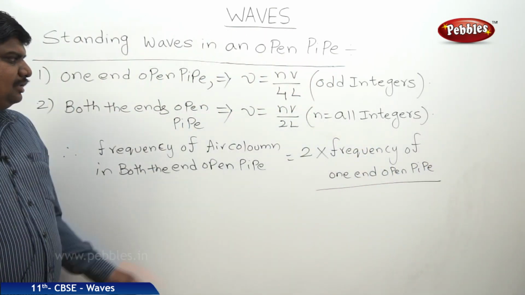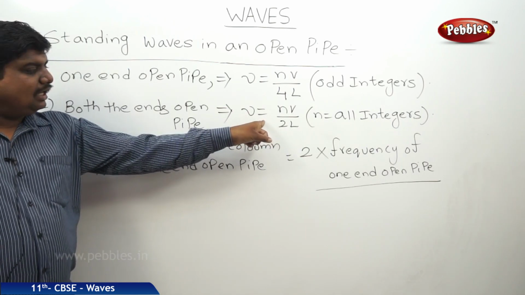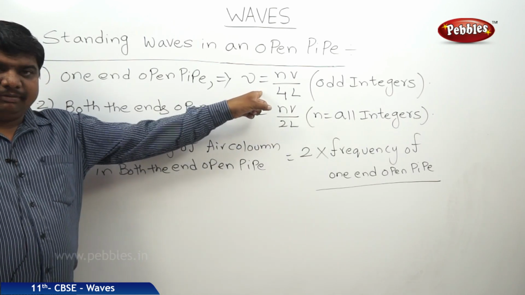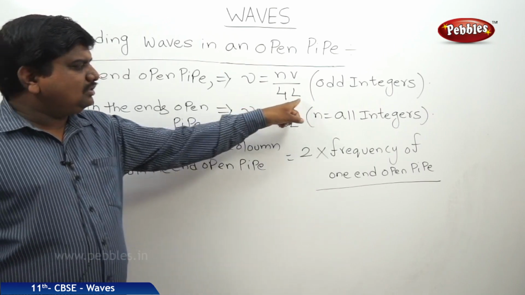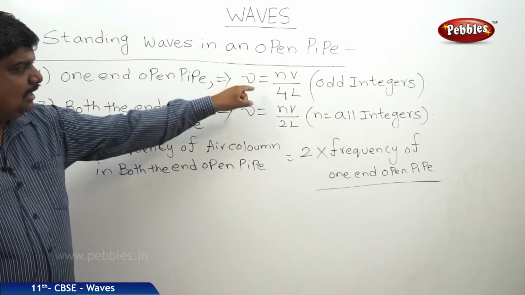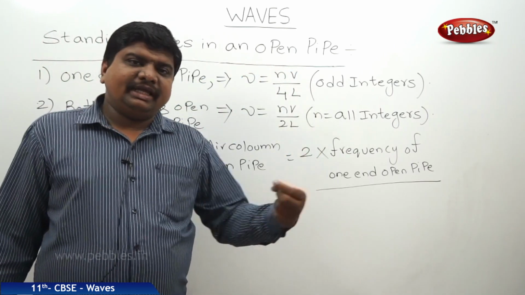That means if the length is L, here it has only L by 2. So the number of nodes and antinodes formed in the length of L will be created here by only L by 2.